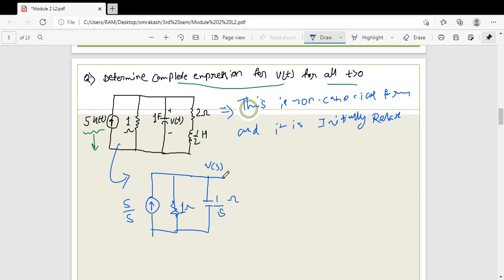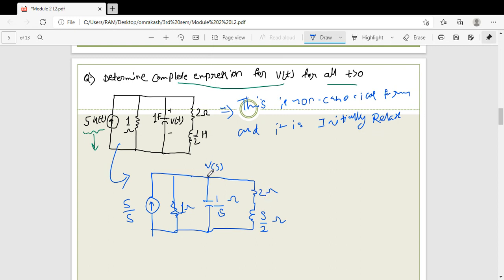Similarly, the 2 ohm resistance, and the inductor has the value S by 2 ohm, right?